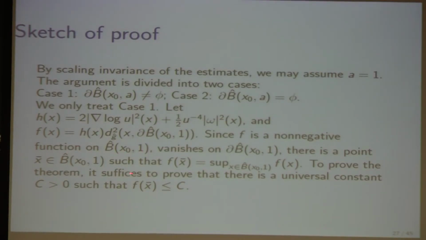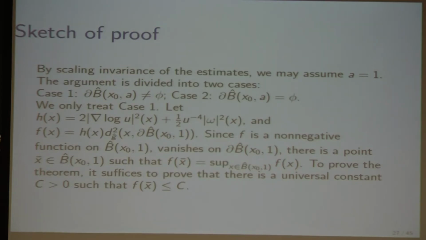So actually this is quite a standard point-picking technique, right? Since this f is non-negative and vanishes on the boundary, there is a point in the interior, x bar, at which the maximum of f is achieved.